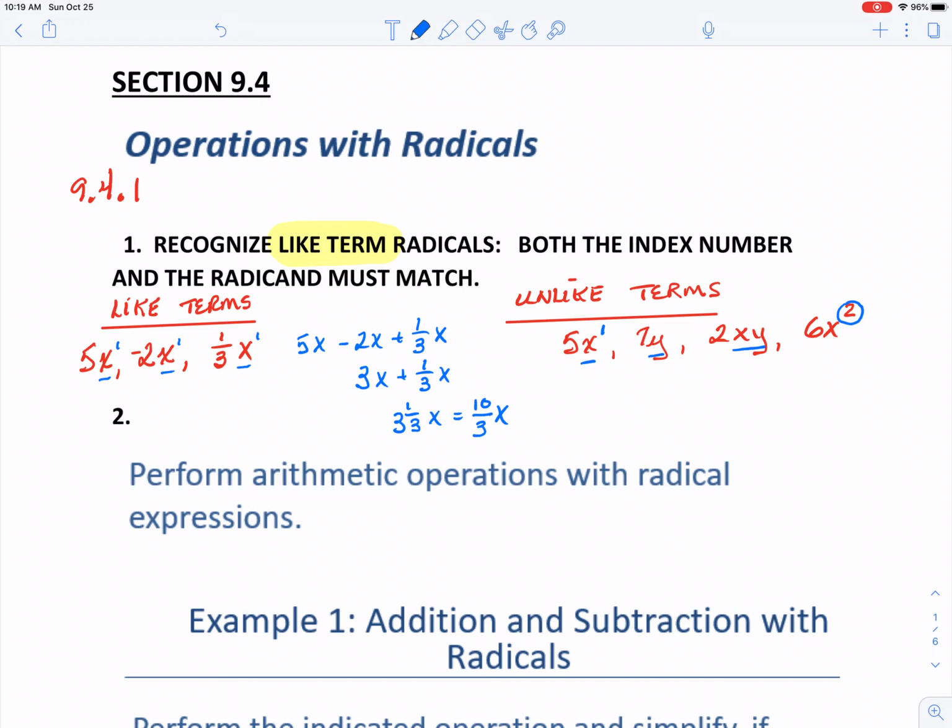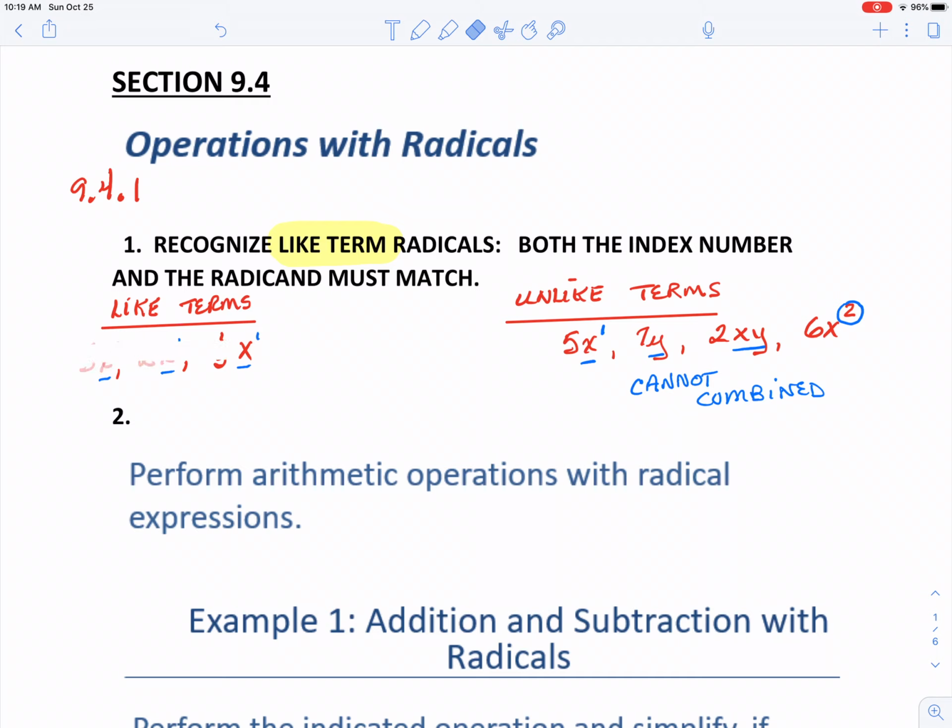So when you're looking for like terms, you're looking for exactly the same letters with exactly the same exponents. By the way, the ones on the right that are unlike cannot be combined. They cannot be added or subtracted because they're not alike.